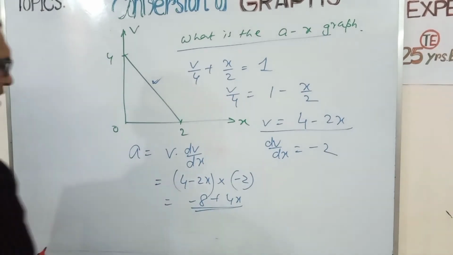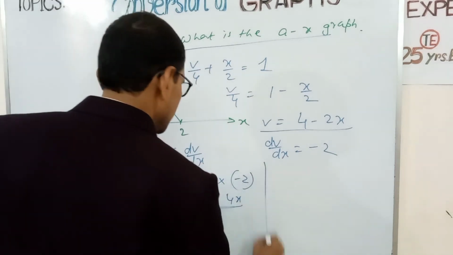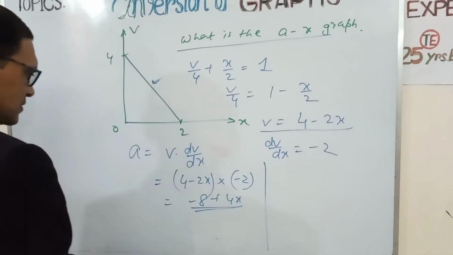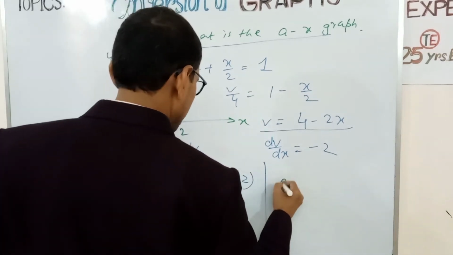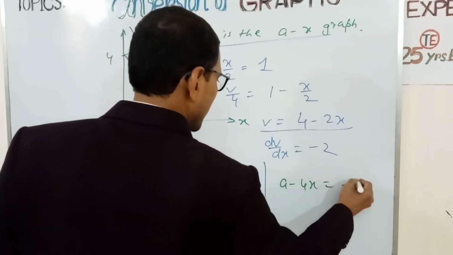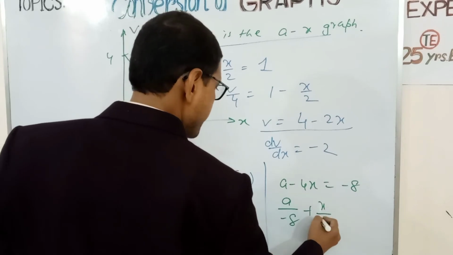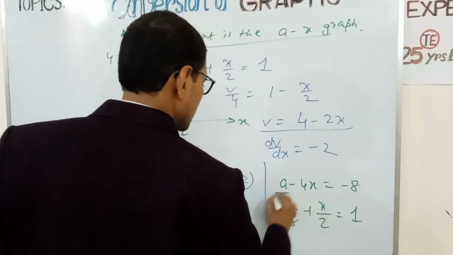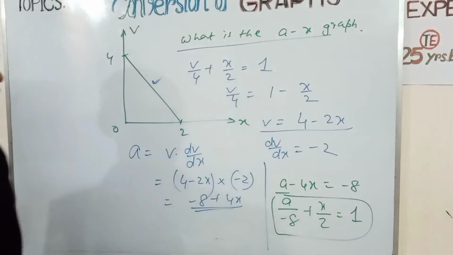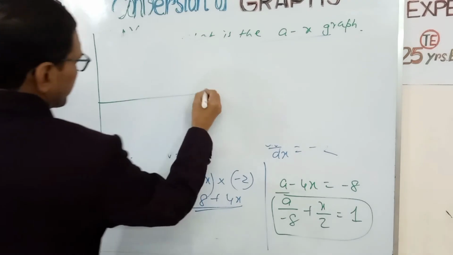So this is a straight line. Now a minus 4x equal to minus 8. So a by minus 8 plus x by 2 equal to 1. This is also intercept form. Now we can easily draw the a versus x graph.